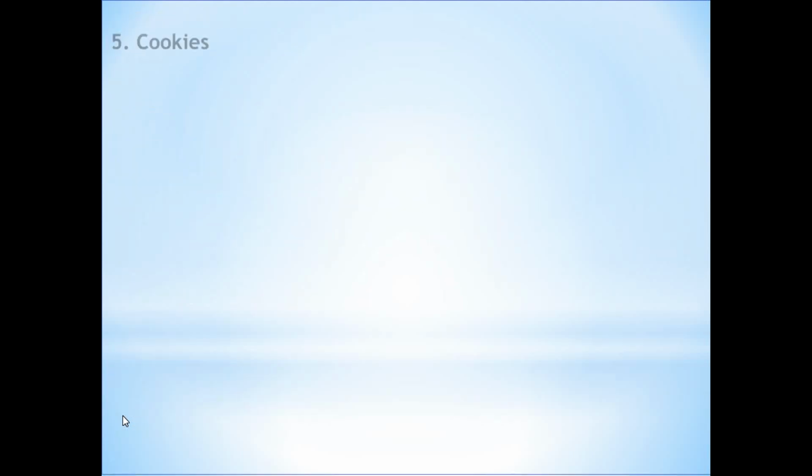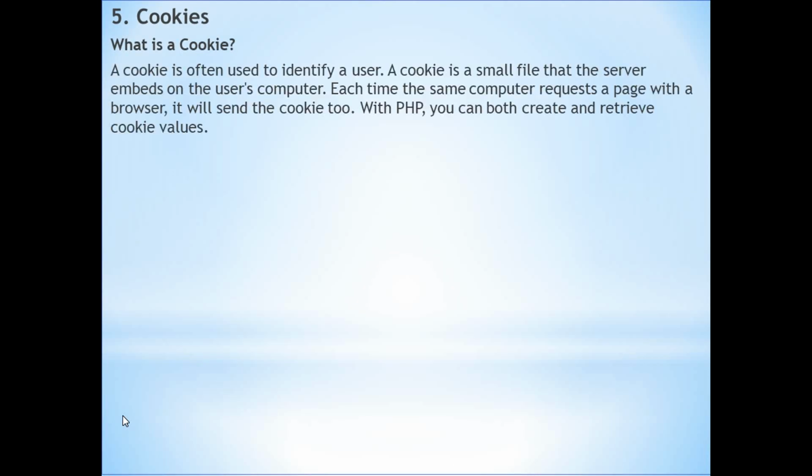Next is cookies. Let's see what a cookie is. A cookie is often used to identify a user. It means if you are using my website or anything on the internet, who is the user of that particular thing?